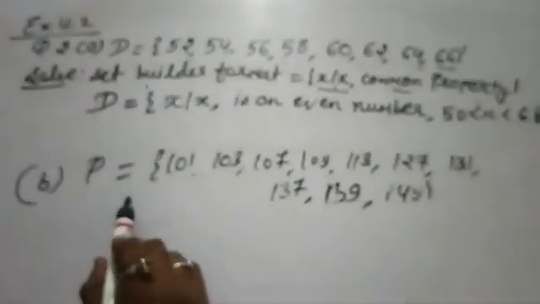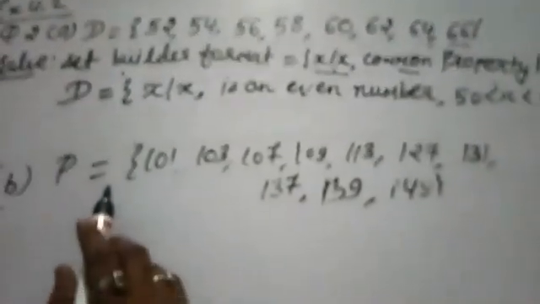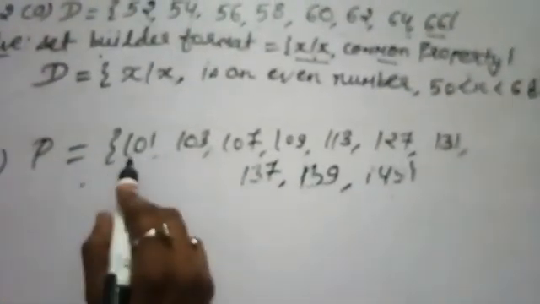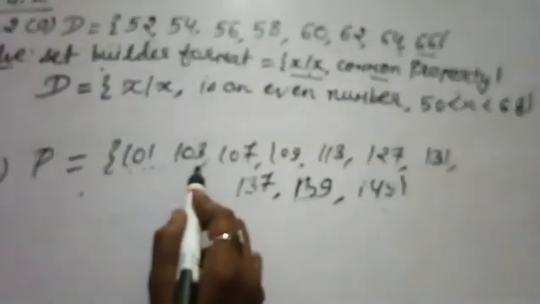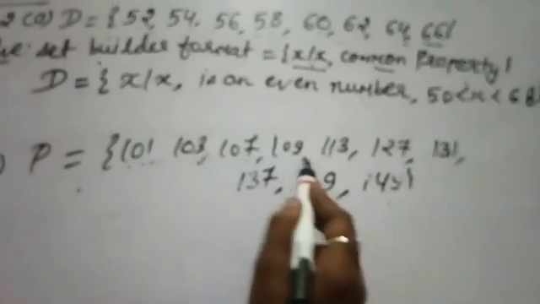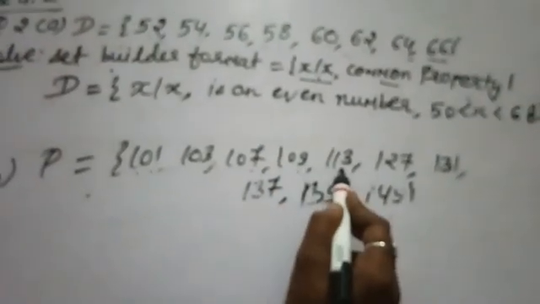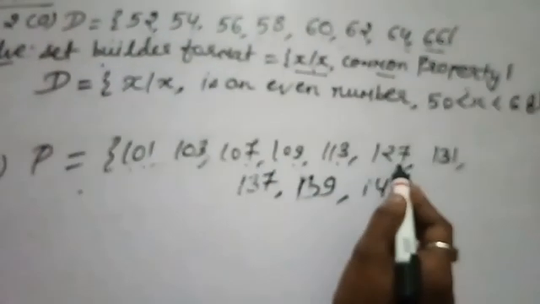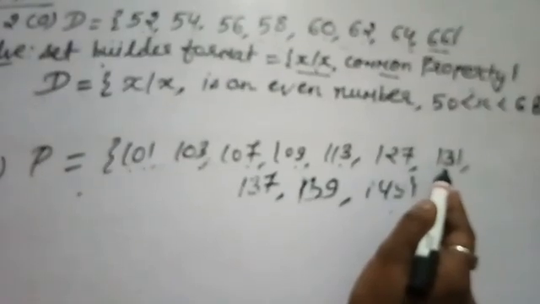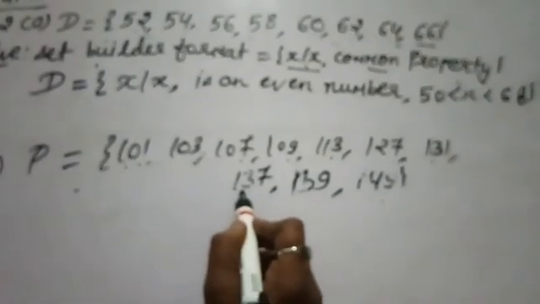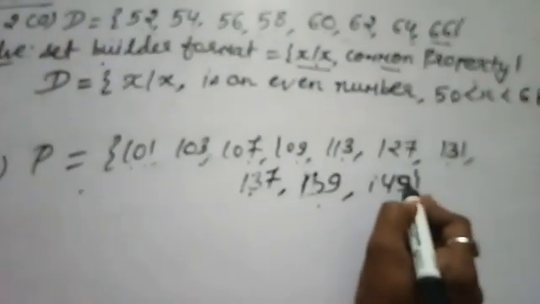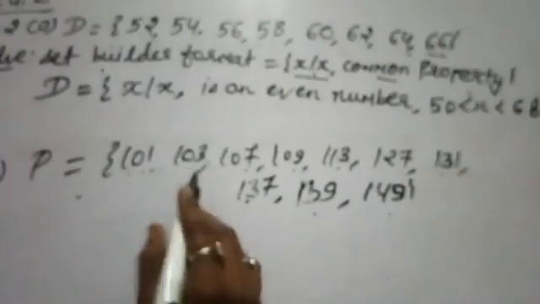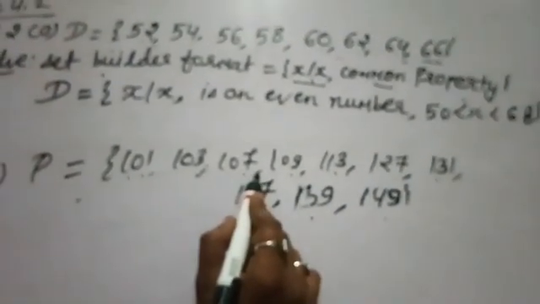Now the second part. It is set P, which is written in roster form. The elements of set P are 101, 103, 107, 109, 113, 127, 131, 137, 139 and 149. So what is the common quality among these elements?